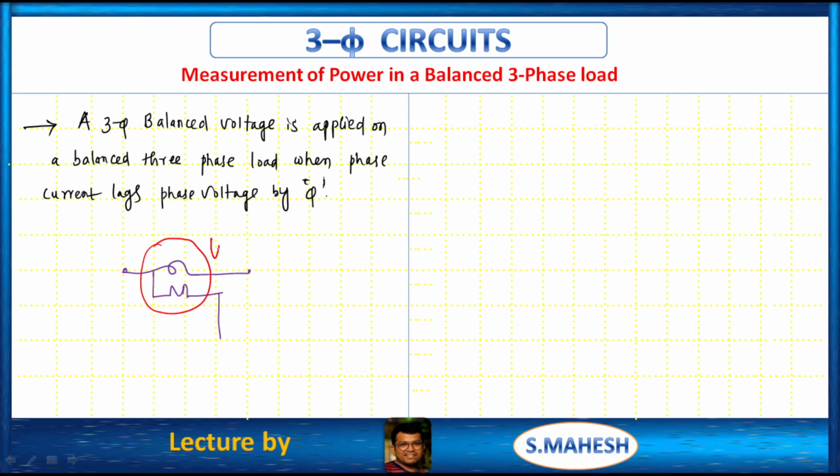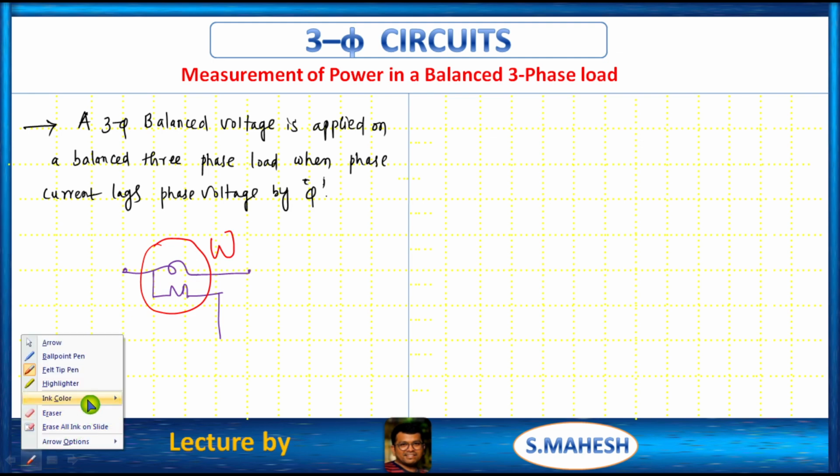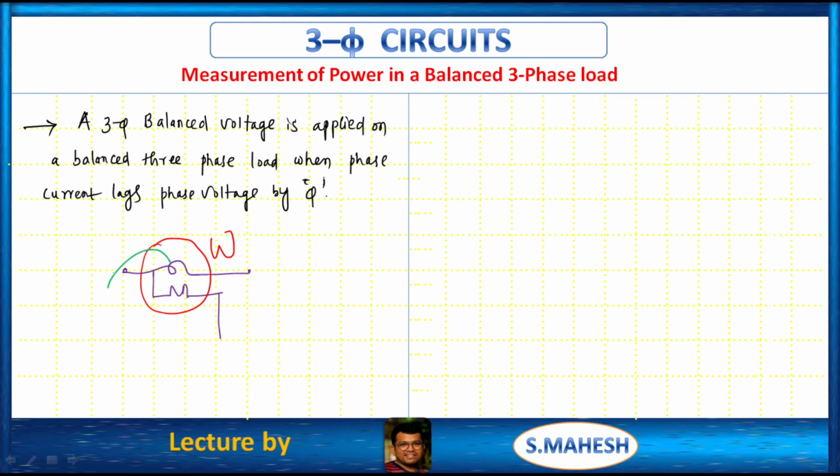This is the wattmeter. This is the current coil. This is the voltage coil or potential coil.